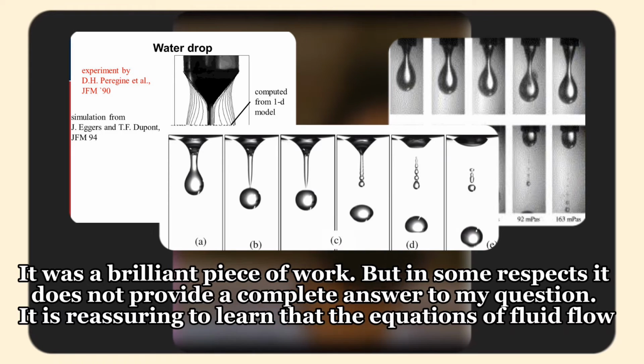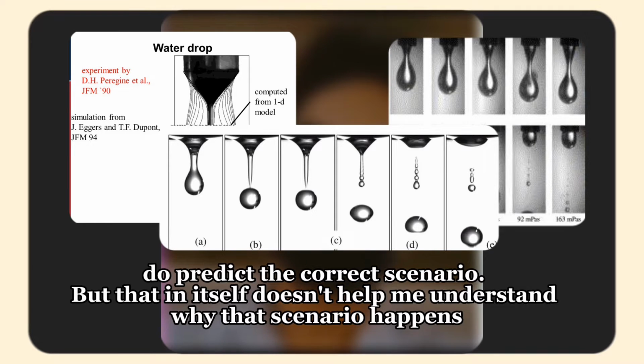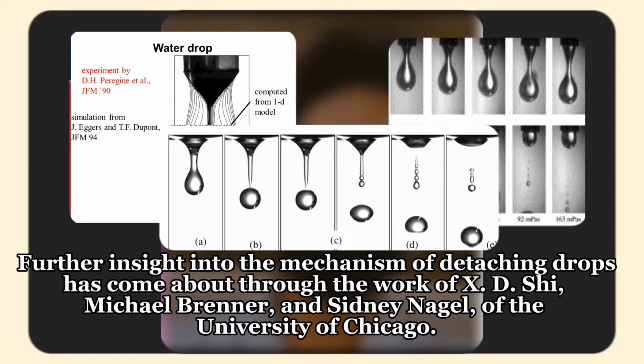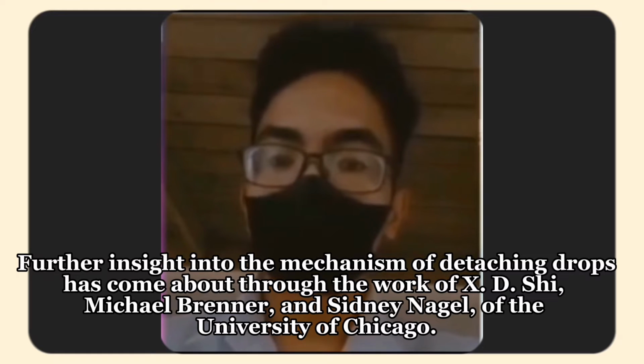It is reassuring to learn that the equations of fluid flow predict the correct scenario, but that in itself doesn't help us understand why that scenario happens. Insight into the mechanism of detaching drops has come through the work of X. D. Shi, Michael Brenner, and Sidney Nagel of the University of Chicago.